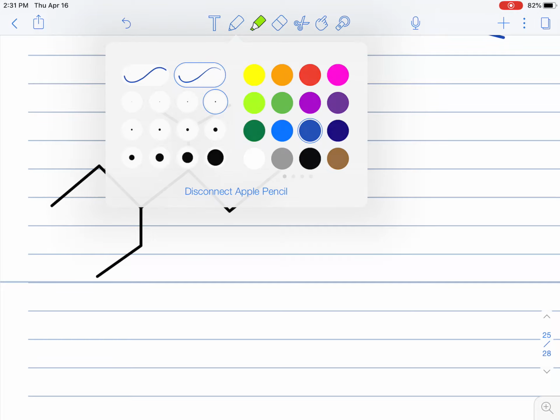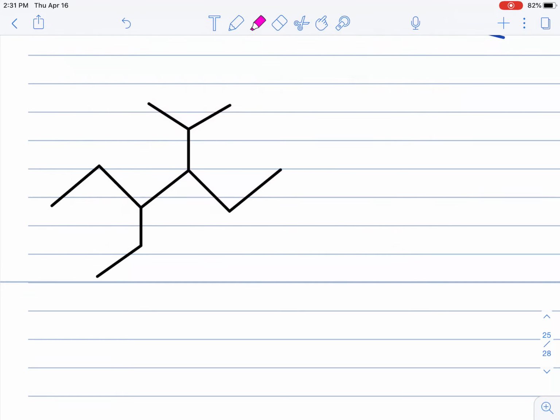All right, so I'm going to make sure that I'm using pink to highlight the parent chain. So I need to figure out my longest chain. 1, 2, 3, 4, 5, 6. Okay. Take one back.